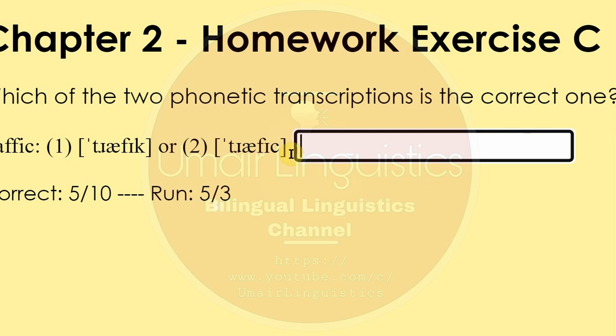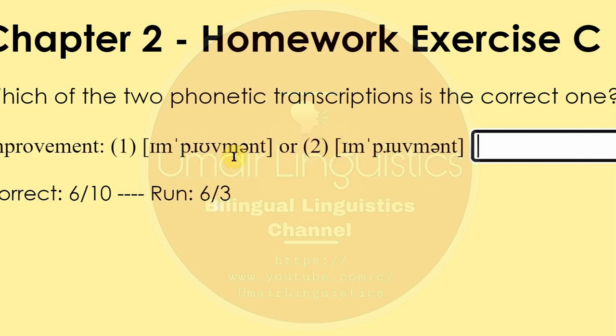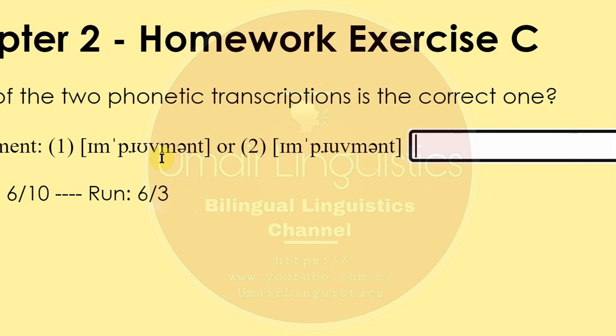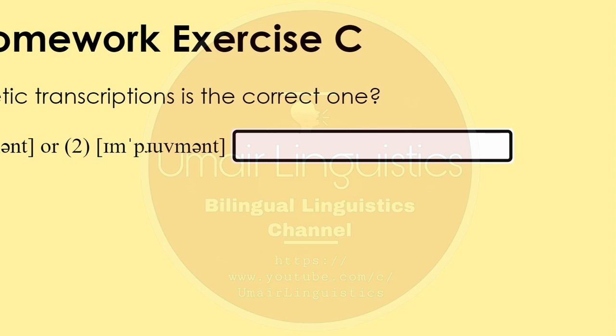Then in traffic, the problem is simple, it could not be the symbol here, the first one is correct. Then similarly this is improvement, and this is improvement, so the problem is here, it cannot be improvement, but it is surely improvement, as we know. So once again the second one is correct.